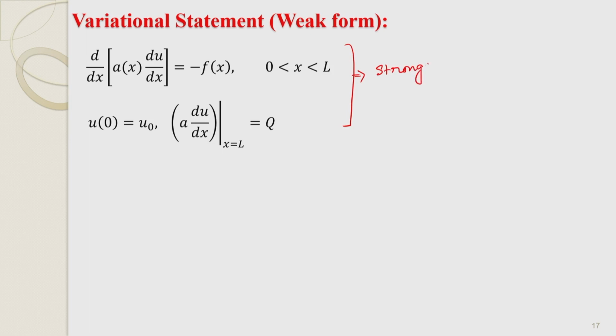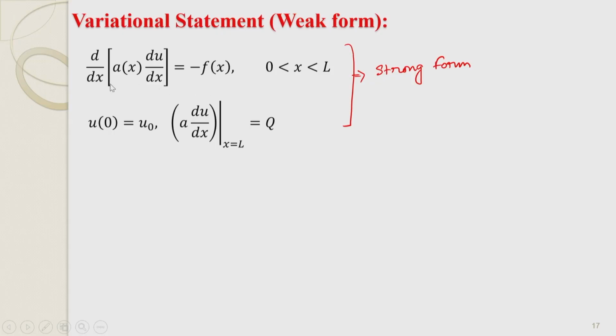The strong form can be any differential equation. I am explaining the variational statement taking the differential equation in this form. So, this is the differential equation we have, and these are the respective boundary conditions.